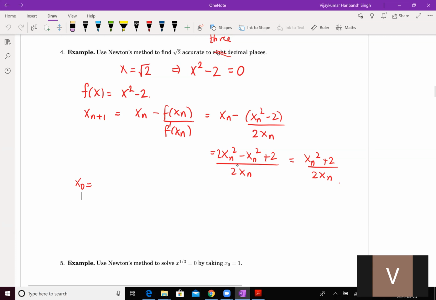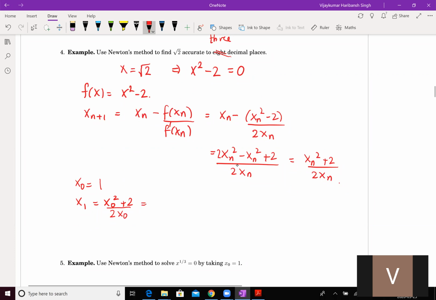So let's see the following. We'll take x0 to be, say, let's start with 1. So then what do we get? x1 is, I'll be substituting x0 in this equation, so (x0 squared plus 2) divided by 2 x0.